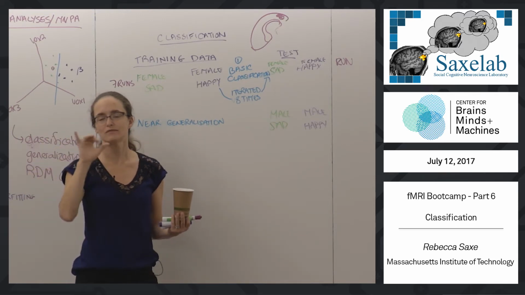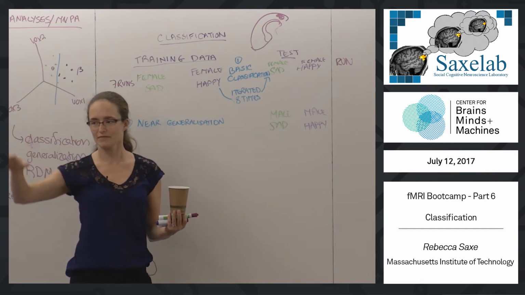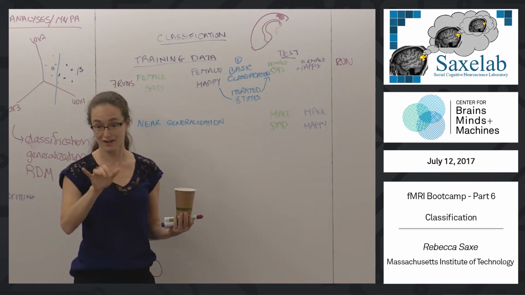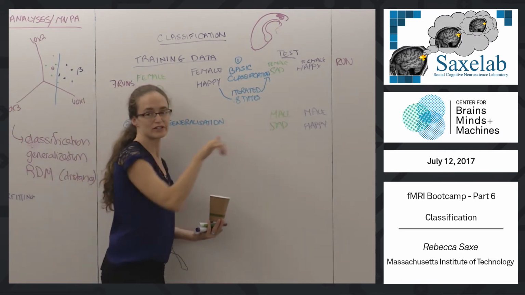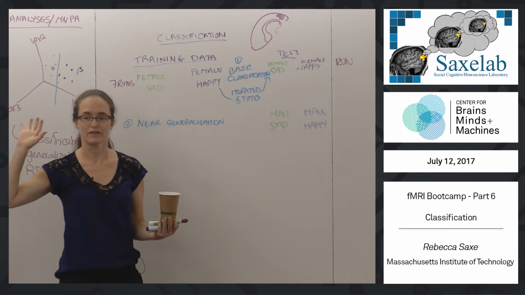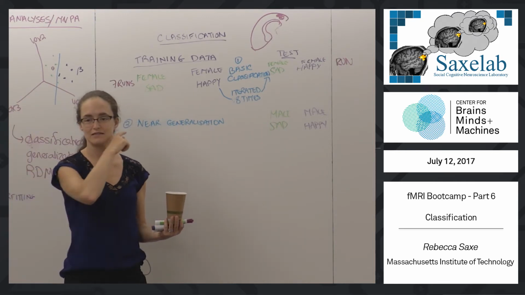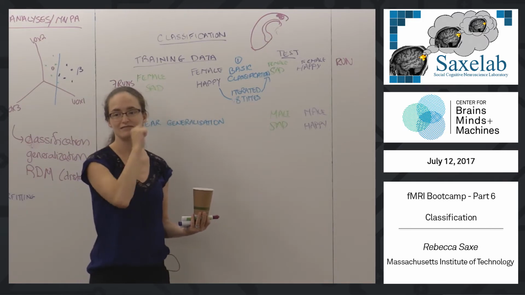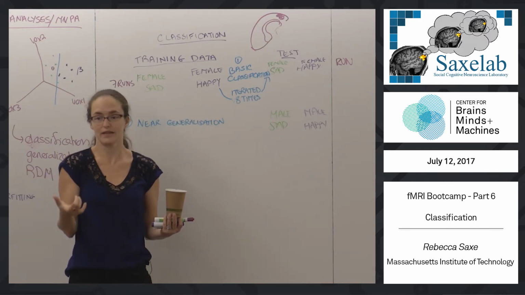So here again, we're going to go to a difference between the language in the math and the language in cognitive neuroscience. This 7-to-1 ratio is called folds within the classification literature. So we have 8 folds of the data. And those often in cognitive neuroscience correspond to runs, but they don't have to.